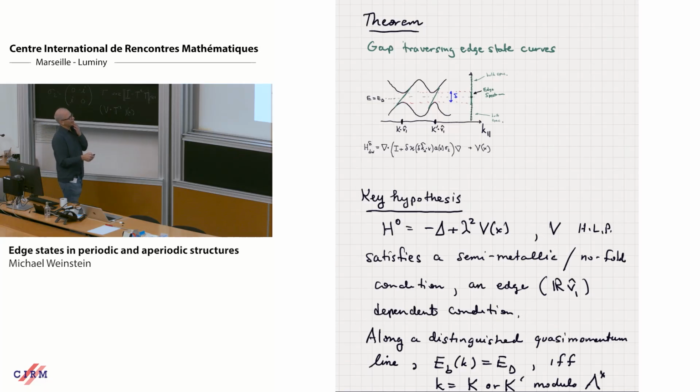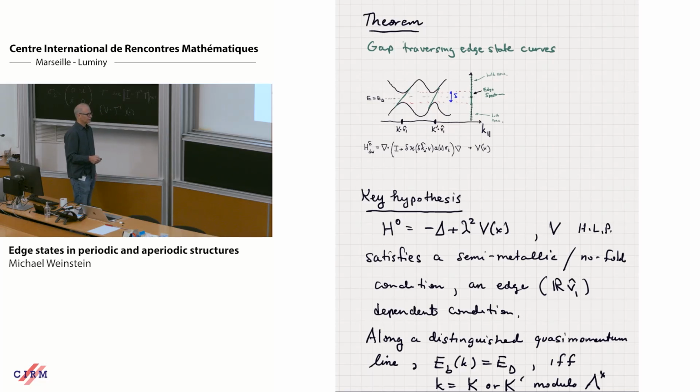And a key hypothesis in that theorem is that the bulk honeycomb operator that you start with satisfies a semi-metallic condition, or so-called no-fold condition. It's an edge-dependent condition; it depends on the direction of the line defect.